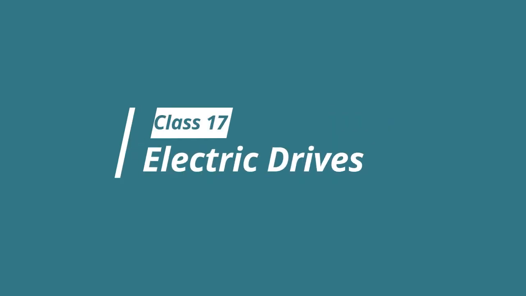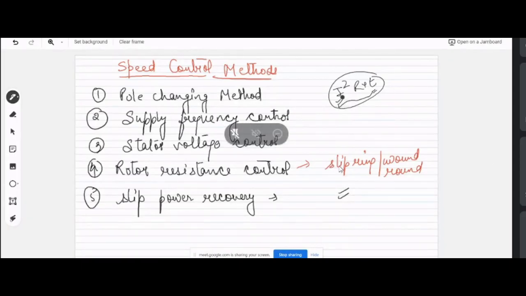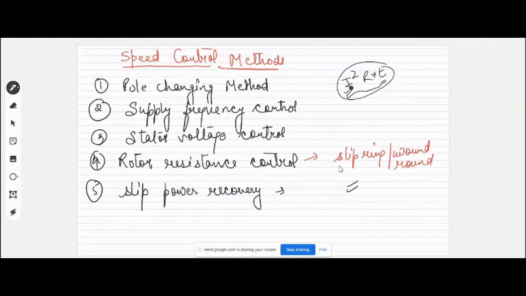For those motor load systems which have lower inertia, your transient may die out in a shorter period of time, whereas those which have higher inertia, the transient or starting period may be sustained for a longer period.